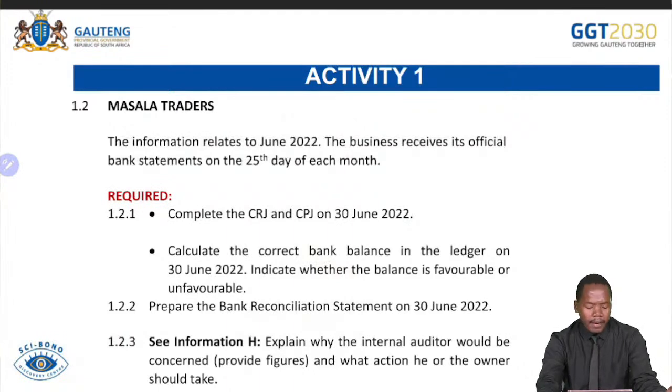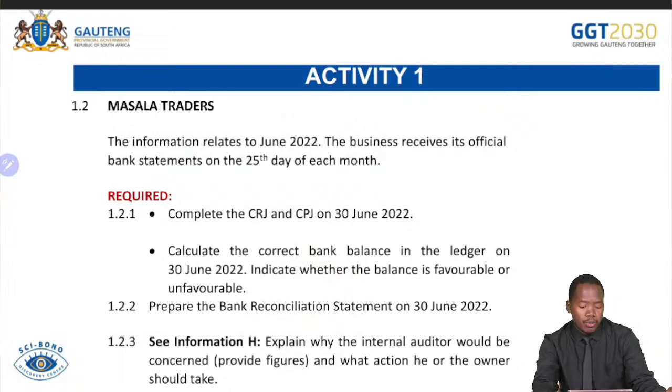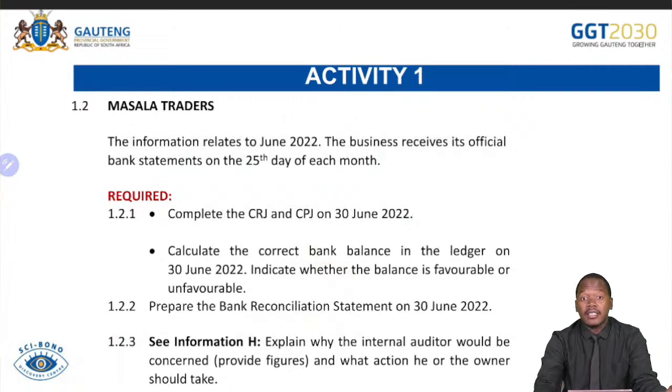Now, what is required from us? 1.2.1, we are required to complete the CRJ, that is the cash receipt journal, money in. We are required to complete the cash payment journal, that is money out, on 30 June 2022. Number 2, we are also required to calculate the correct bank balance in the ledger on 30 June 2022.